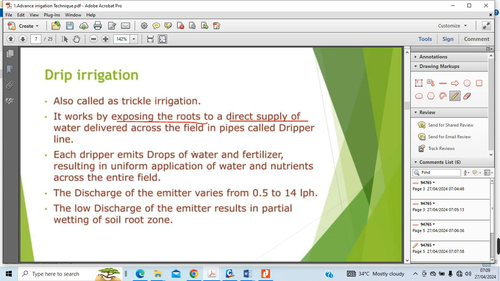So you have to understand this note. Each dripper limits drops of water and fertilizer, resulting in uniform application of water and nutrients across the entire field.